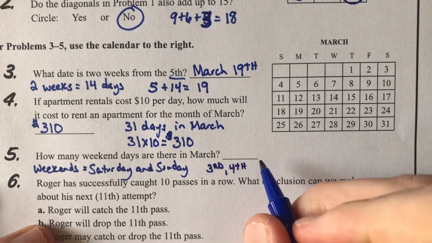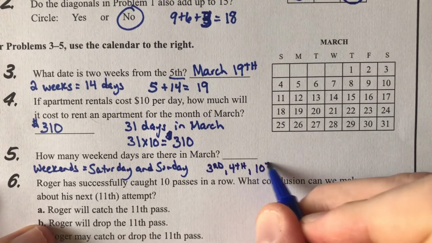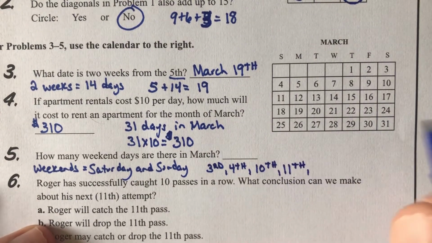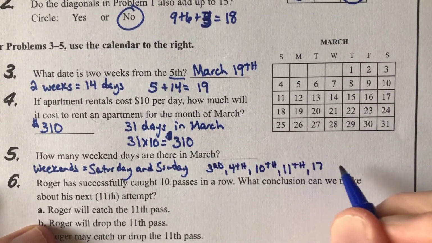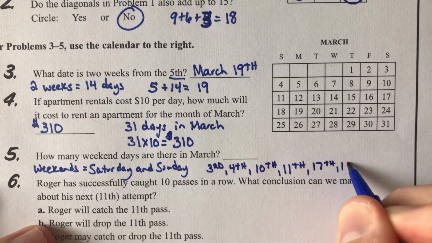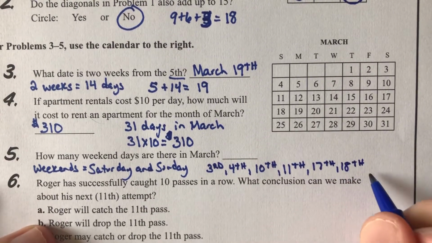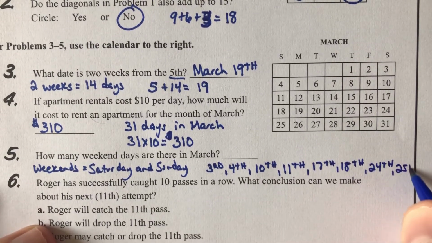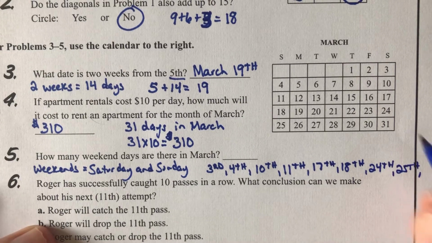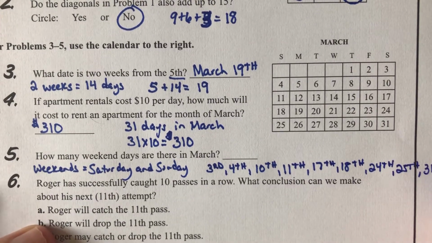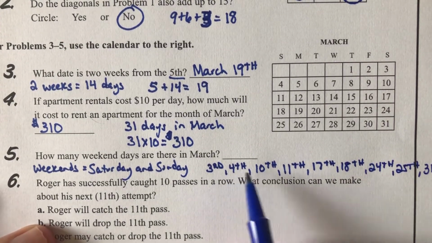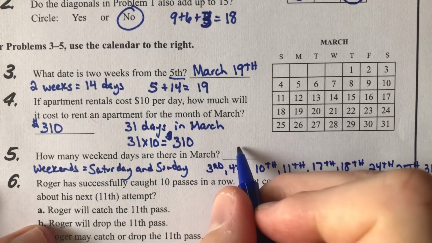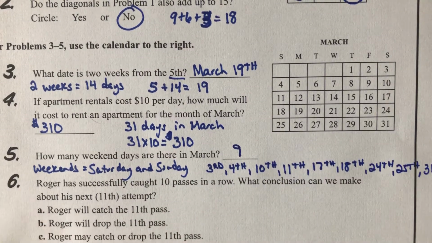Those are the first Saturday and Sunday. Then I have the 10th and the 11th. Then I have the 17th and the 18th. Then I have the 24th and the 25th, and then I have the 31st. Let's count those up. 1, 2, 3, 4, 5, 6, 7, 8, 9. So 9 weekend days in March.